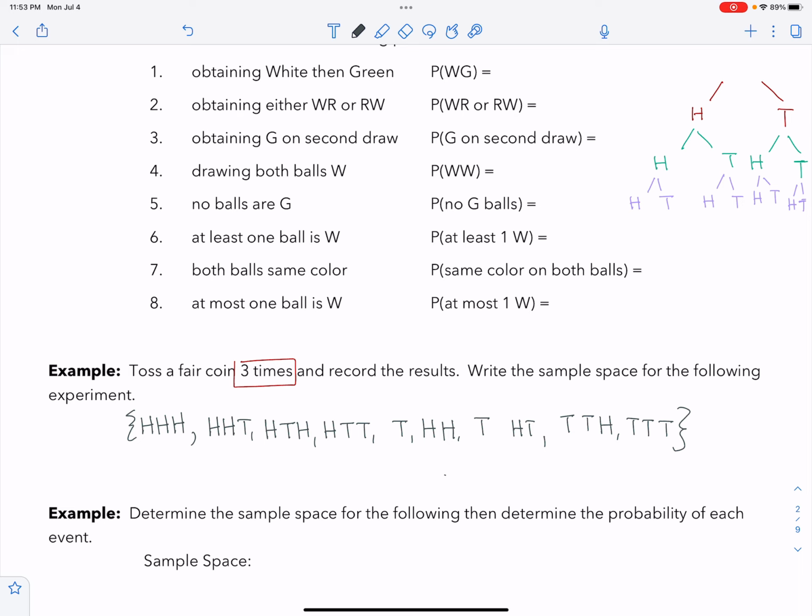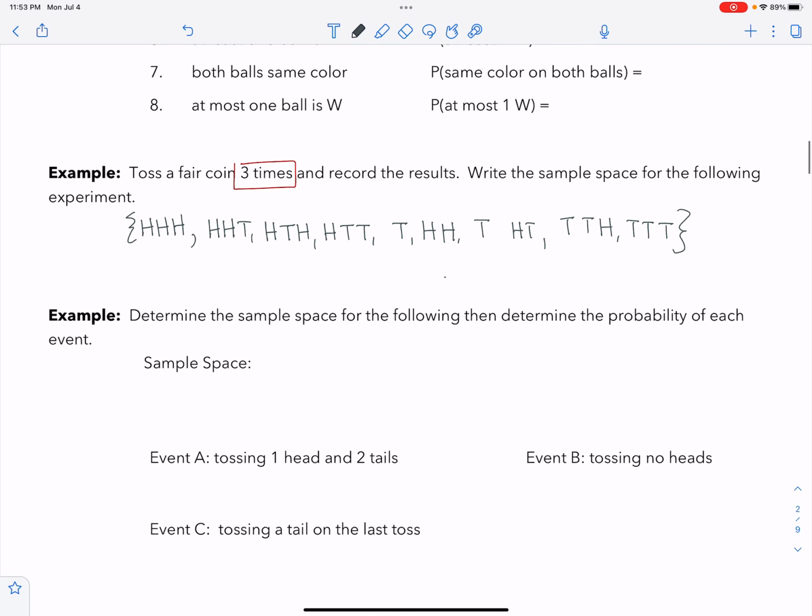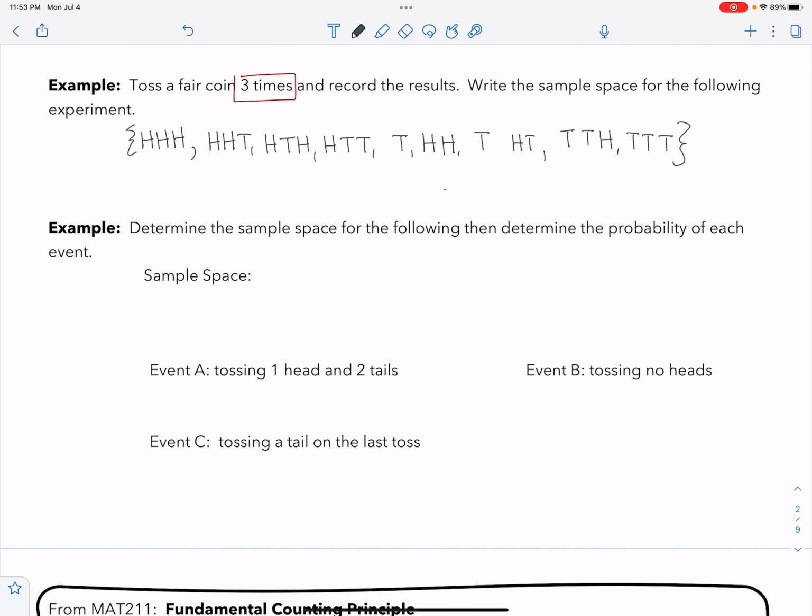Now let's look at some probabilities. And so the probability of tossing 1 head and 2 tails. It doesn't particularly matter what order, just as long as there's 1 head and 2 tails. Well, that's going to be heads, tails, tails. That's going to be my first one. Another one would be tail, head, tail.